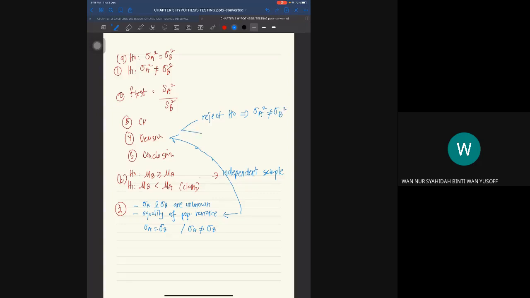If you do not reject H null, then we use the equal one. That's how B is related to A, because the second condition to choose the formula for B depends on your answer in A. Which one that you support, whether not equal or equal.